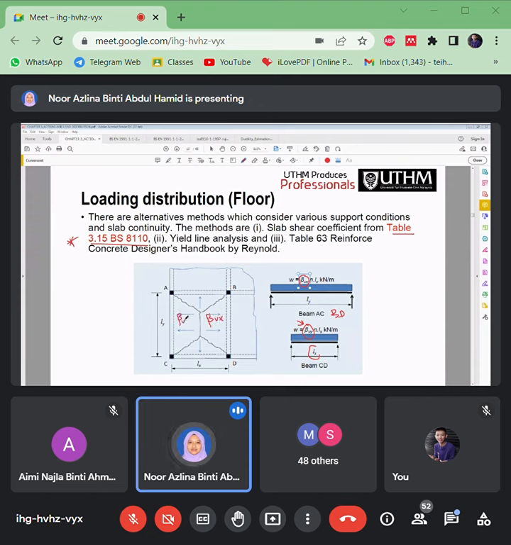This one is also the same, beta Vx. For the triangles, it is beta Vy. These coefficients have to be referred to in Table 3.15 of BS 8110. So beta Vx here is the coefficient for trapezium.